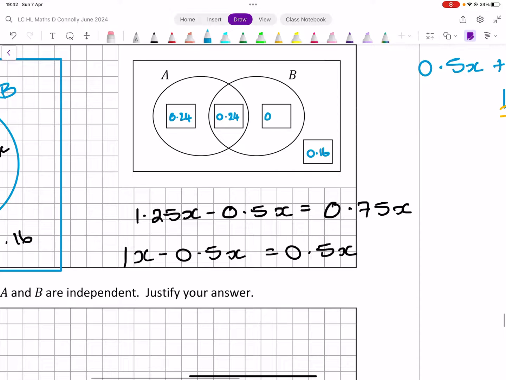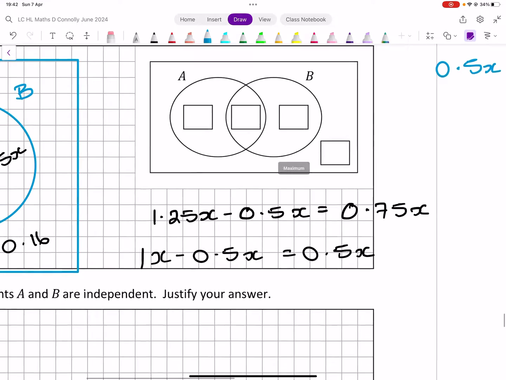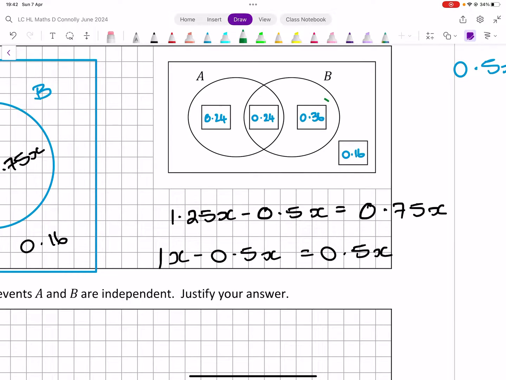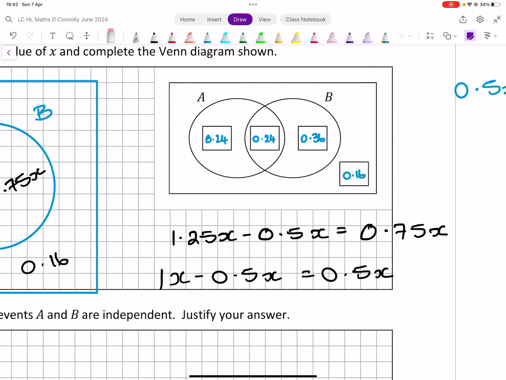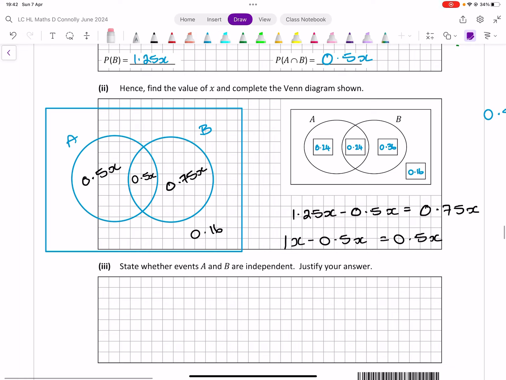That's 0.36. So these three should add up to 0.84, and they should all add up to 1. I'm just going to check. So 0.24 plus 0.24 plus 0.36 is 0.84, plus 0.16 is 1. Yep, they're right. Okay.